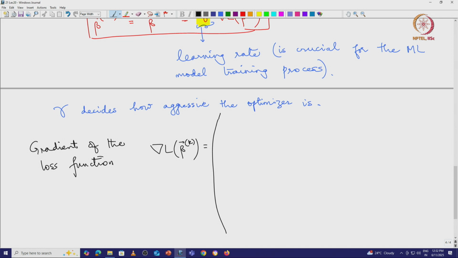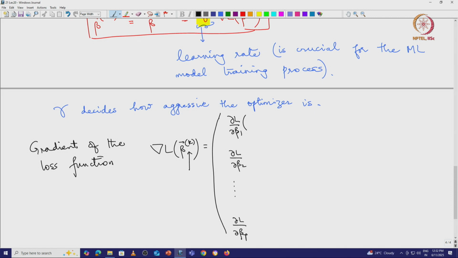Let us say the parameters are beta 1, beta 2, beta 3 up to beta p. So we take del L del beta 1, del L del beta 2, and so on up to del L del beta p, which is the last parameter, evaluated at the kth iteration.